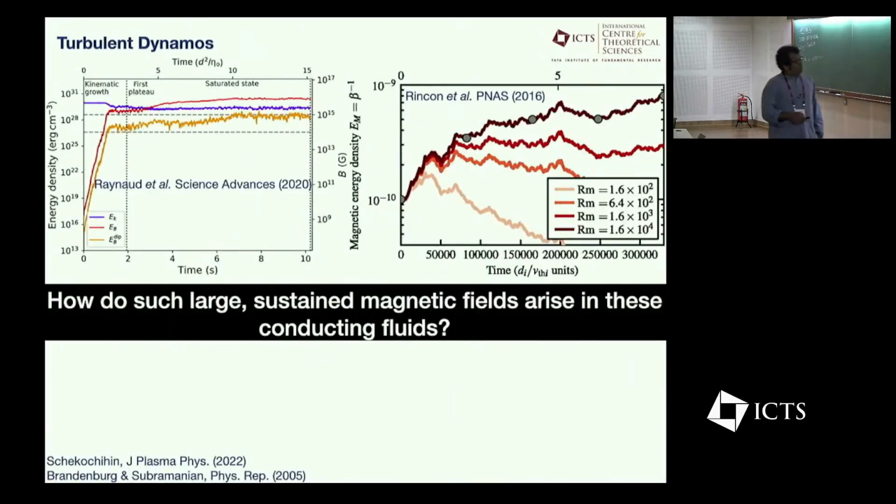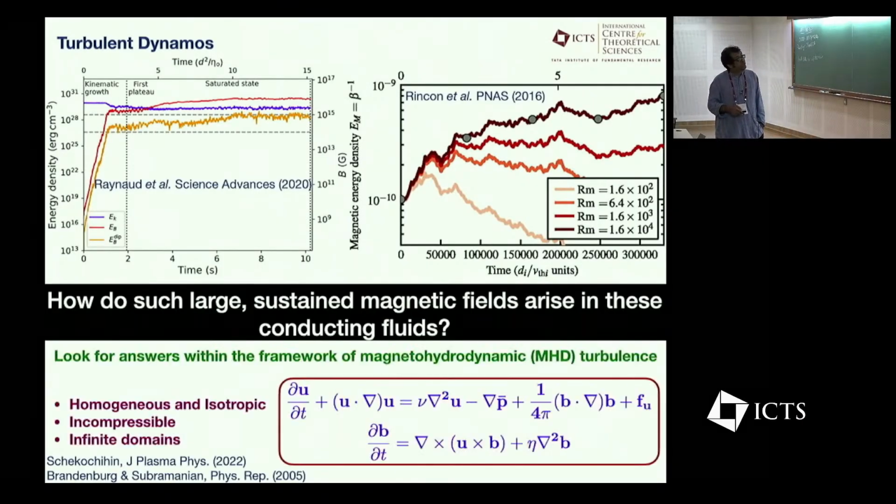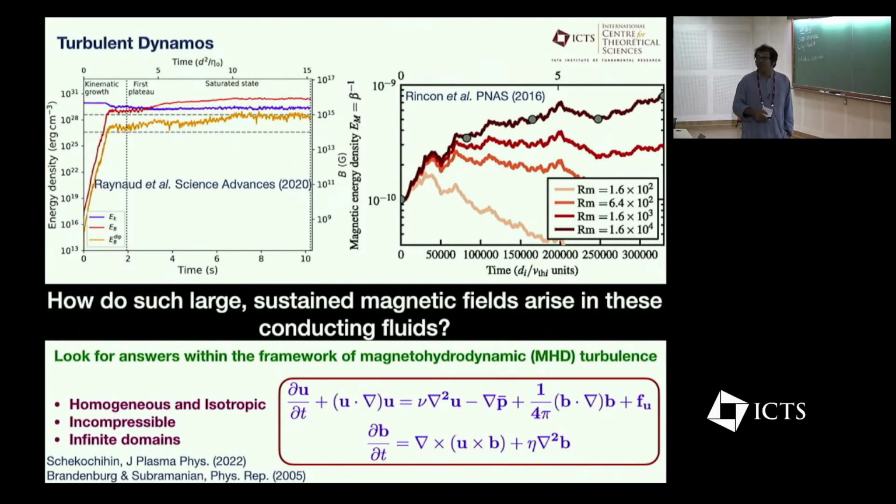So that's essentially the question that we would like to ask in some simple setting. And typically the answer lies within the framework of what's known as MHD turbulence, where essentially you have coupled vector equations for the fluid field U and the magnetic field B, suitably written so that they have roughly the same dimensions, so you can make comparisons.